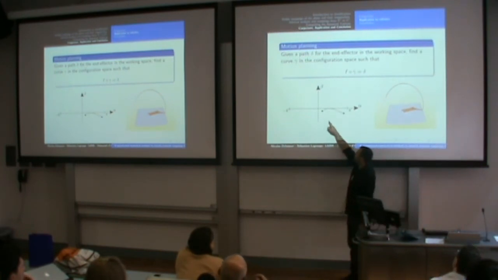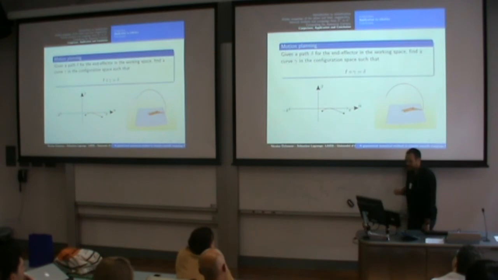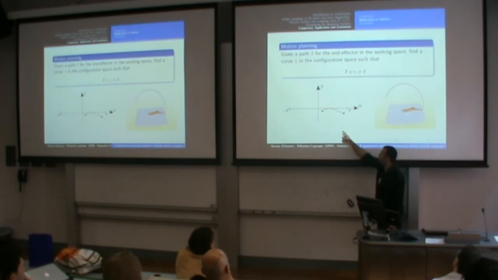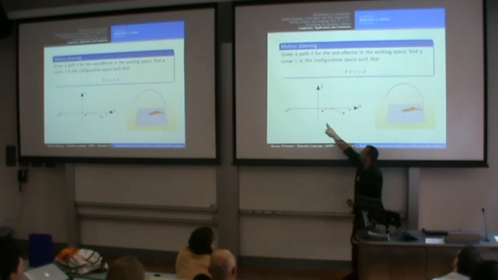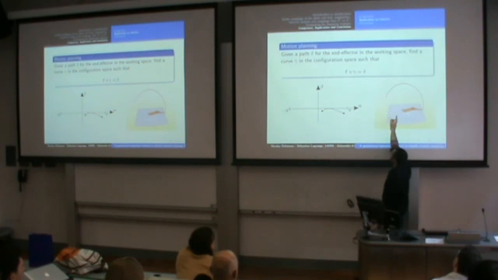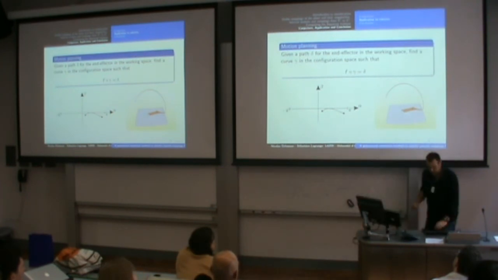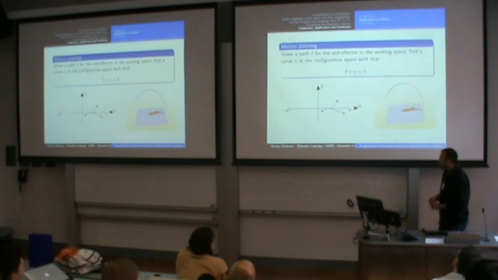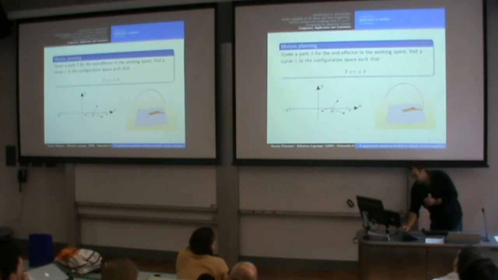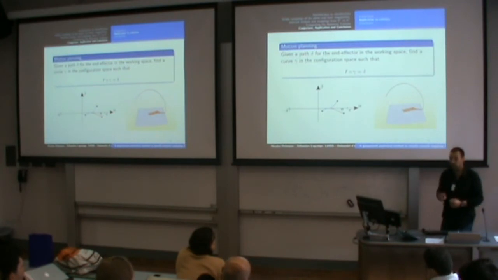a path in the source, the configuration set, such that this path is mapped through F to delta. If you take into account singularities of your map F, you can understand that for this special path in the working space, there exist two solutions to this problem.